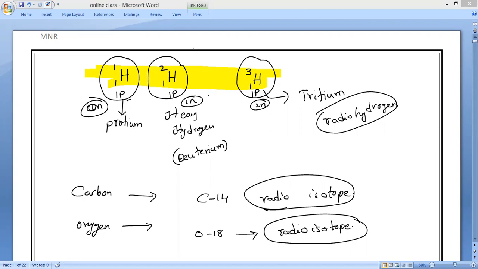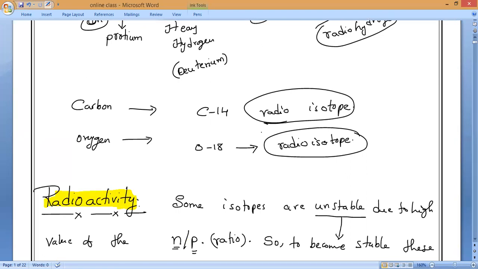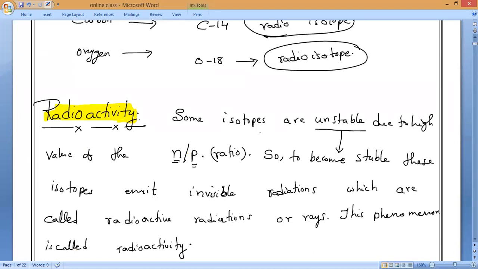That is why it is very dangerous. We are not supposed to take X-rays too many times, because it can cause one type of cancer, since these rays are very powerful. They emit a huge amount of radiation, which can even damage our body. When we study the applications, you will understand.